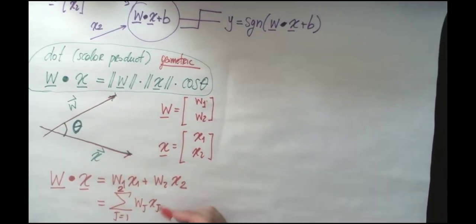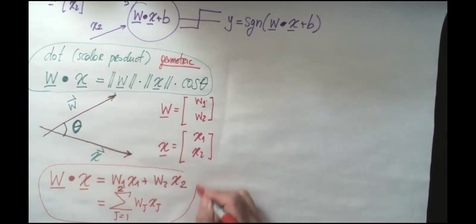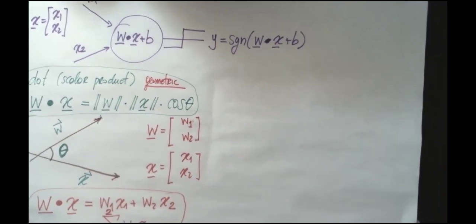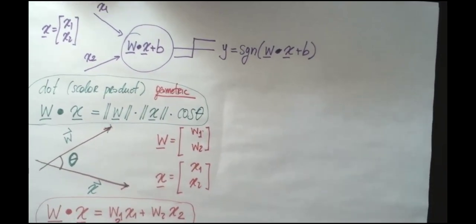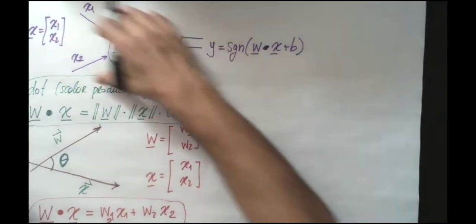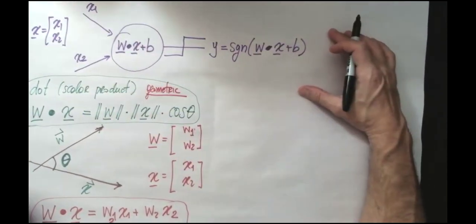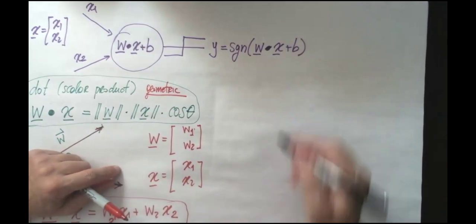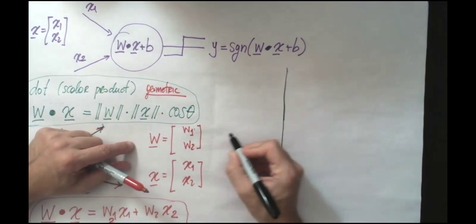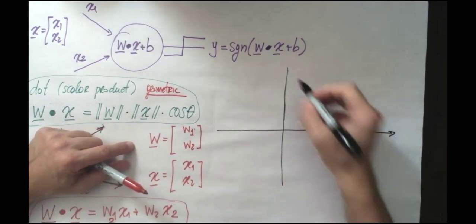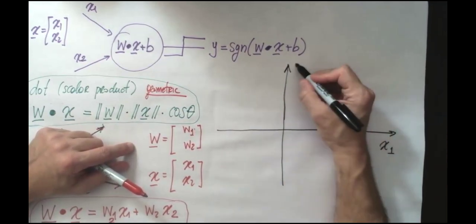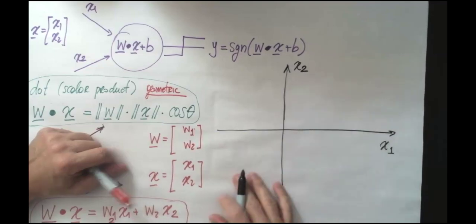Okay, and that's the one that we're going to use. But first of all, let's understand what this perceptron is doing. To do that, let's consider the input space, which in our case is the plane R2. We have two components.